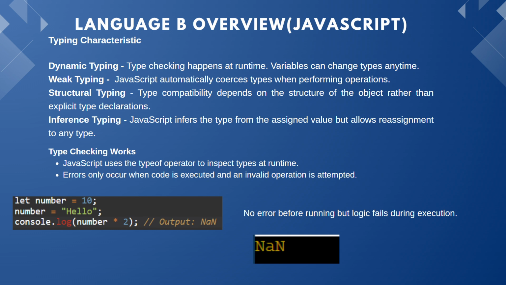With structural typing, JavaScript focuses on the shape of an object, not its declared type. If two objects look the same, they are treated as compatible. And because of type inference, the language guesses the type from the value you assign, but you can still change it later to any type.